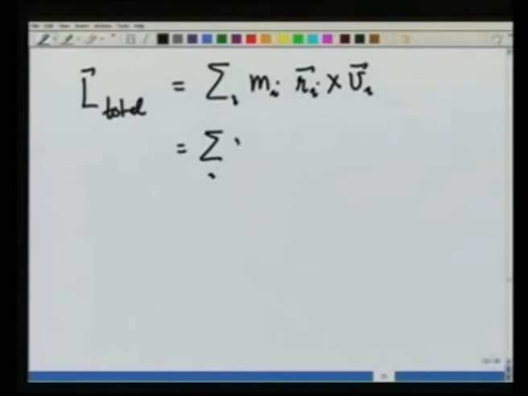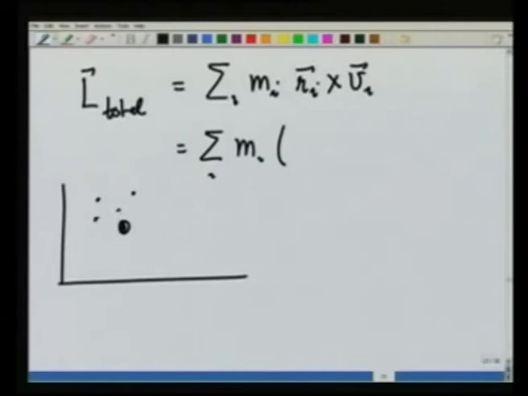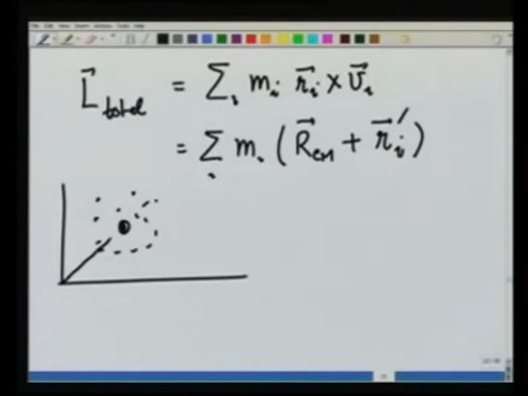summation over i m_i. Let me write r_i as, suppose I will just make a two-dimensional plot. This is the center of mass of a distribution of particles. I will call center of mass coordinate R_CM, and the coordinate of a point particle, ith point particle with respect to CM as r_i prime. So this is R_CM, and with respect to this the point is given at r_i prime, and this is r_i.